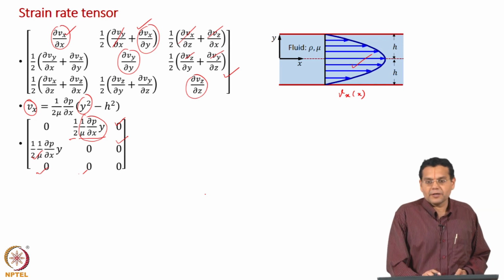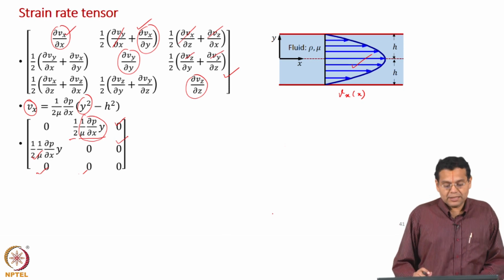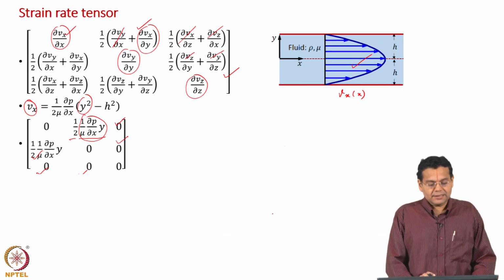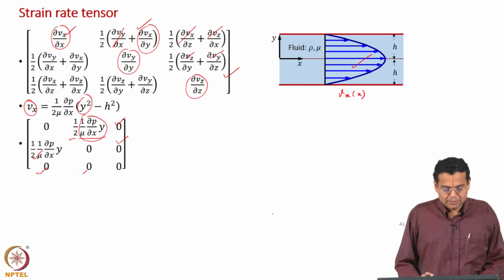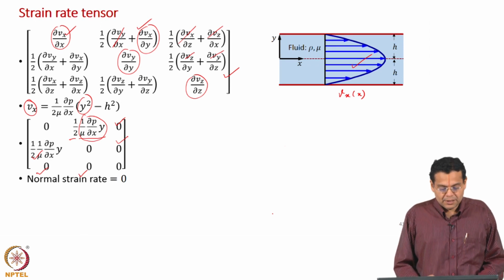In terms of physical significance, if you look at the components of the strain rate tensor, the diagonal components are 0, which means that the normal strain rate is 0, and you do have non-zero off diagonal elements, which means that the shear strain rate is not equal to 0.